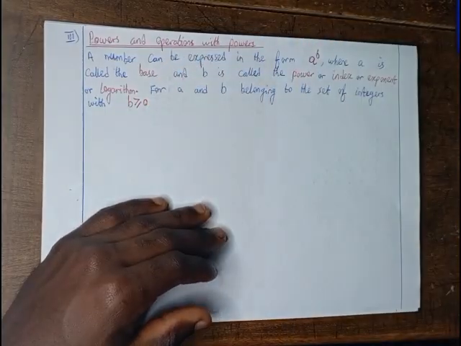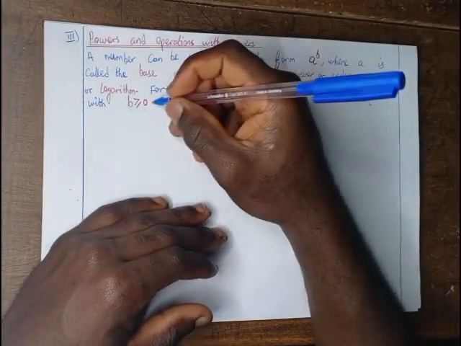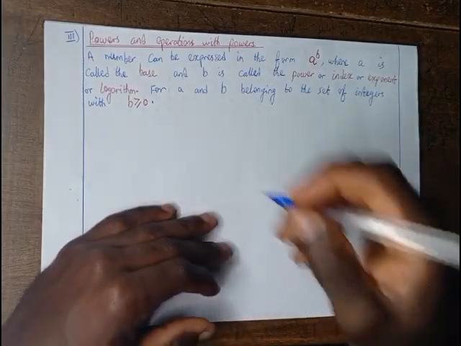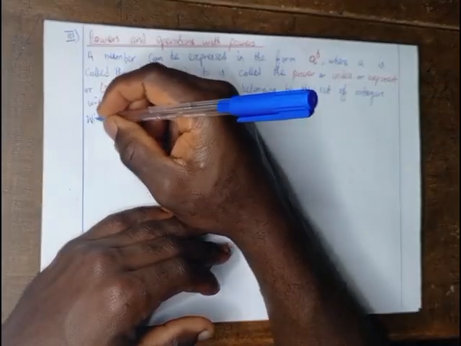That means b cannot be a negative integer. b must be a positive integer. We write this down.